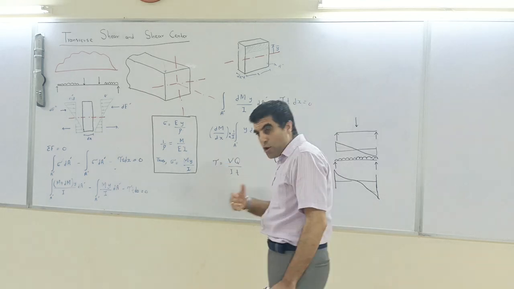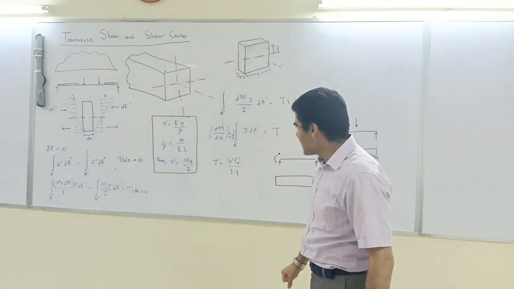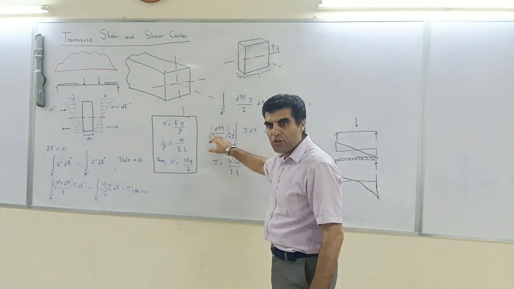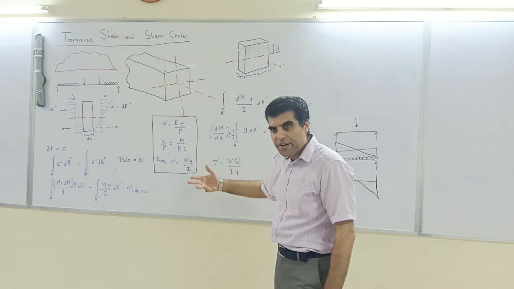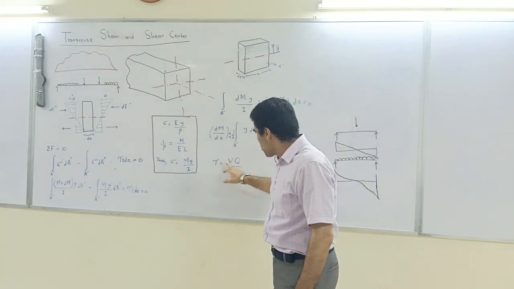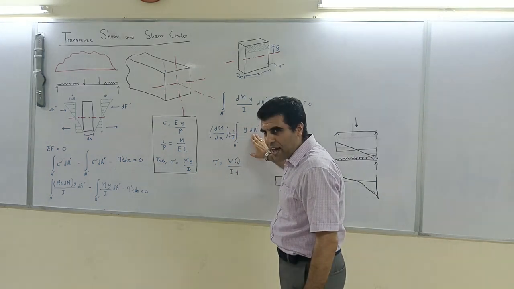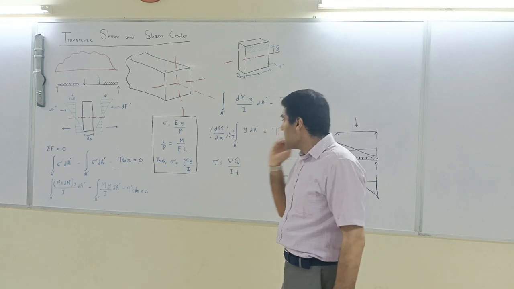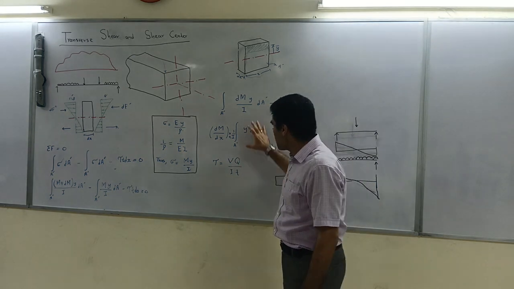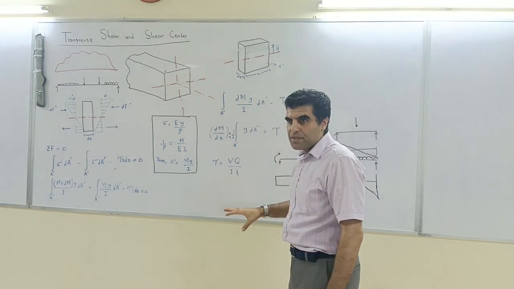We know from our MOS II that dm by dx, the rate of change of moment, is the shear. So V, what is this? Y times dA bar. This is actually the first moment of area.